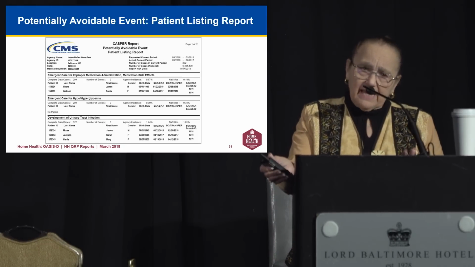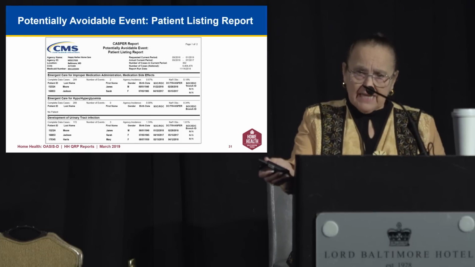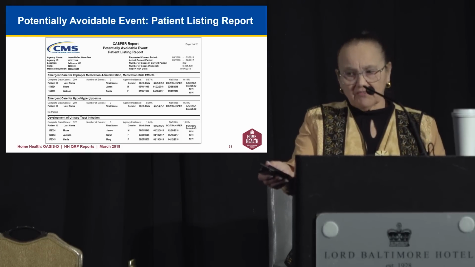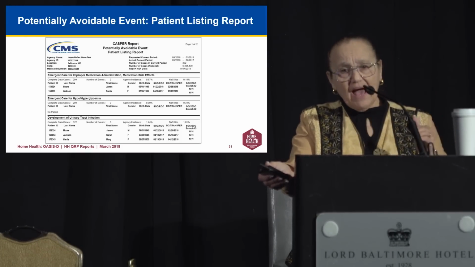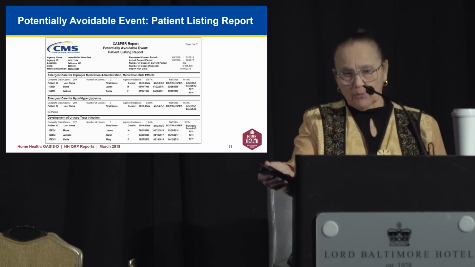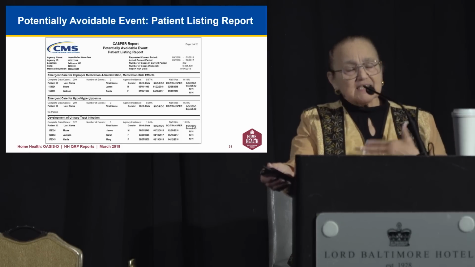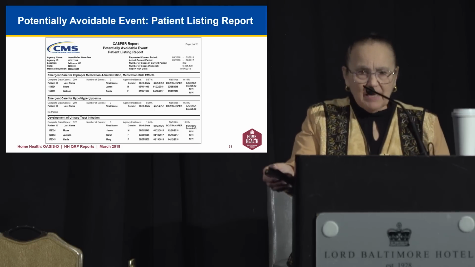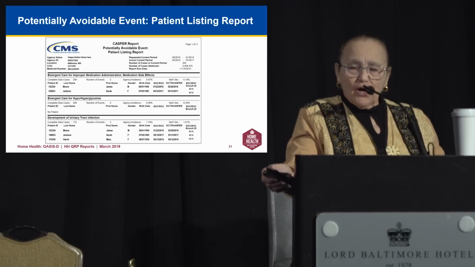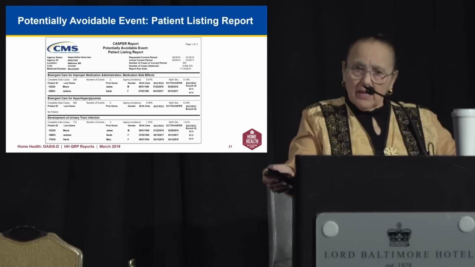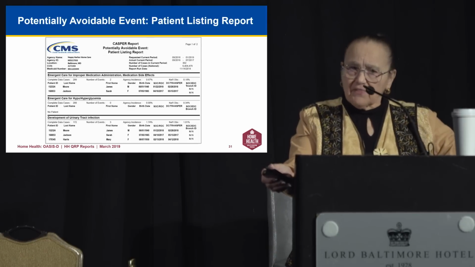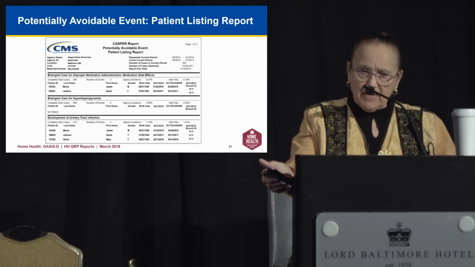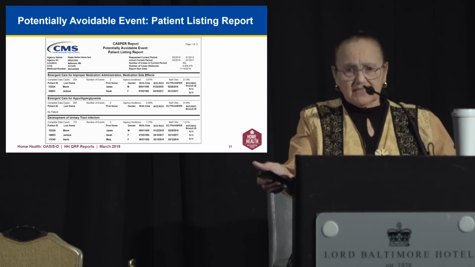We can then take that agency level data for potentially avoidable events, and we can now have a patient listing report. This is such interesting information. It's one thing to know on the previous report that the color bar says that this year we had 3 times as many UTIs develop as we did last year.